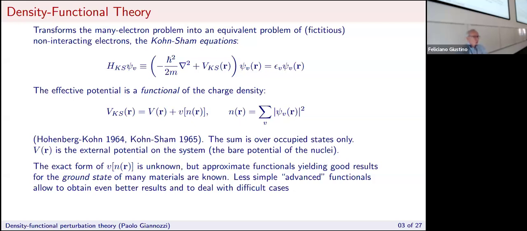So you have the Kohn-Sham equations, in which the effective potential for electrons, for these fictitious non-interacting objects that are the Kohn-Sham orbitals, can be written as the external potential acting on electrons plus a potential that is a functional of the charge density. It depends upon the charge density. And the charge density is written as a sum over the square of the Kohn-Sham orbitals.